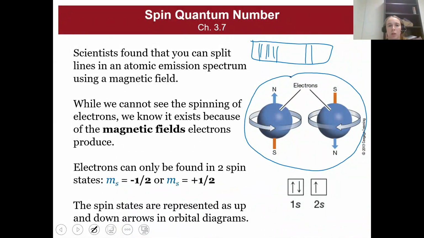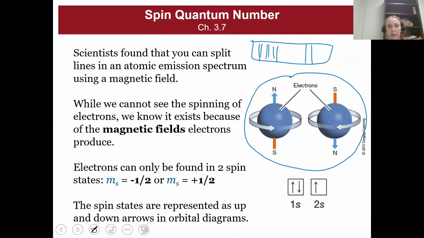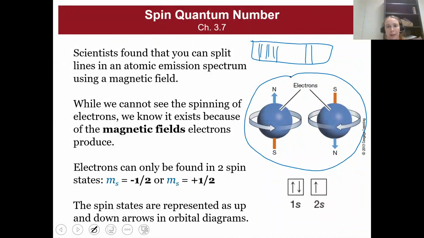So why would an electron have a magnetic field? Because it's a spinning charged particle. Based on the laws of electromagnetism, if we have a spinning charged particle, it produces a magnetic field.